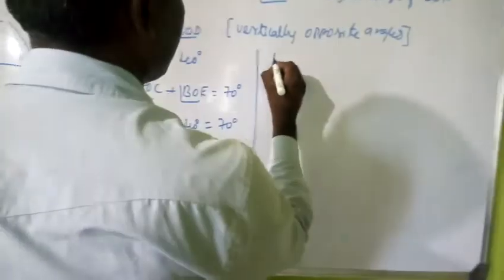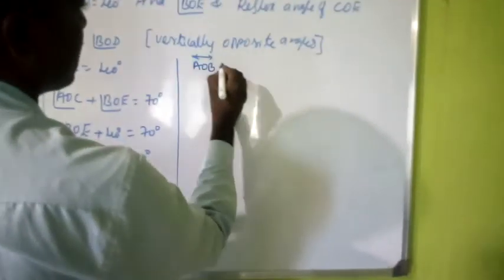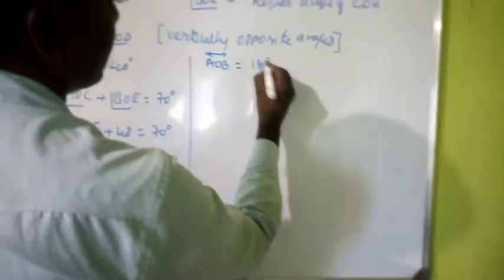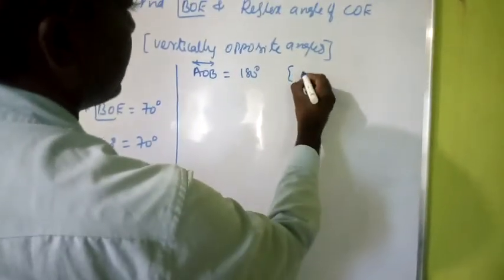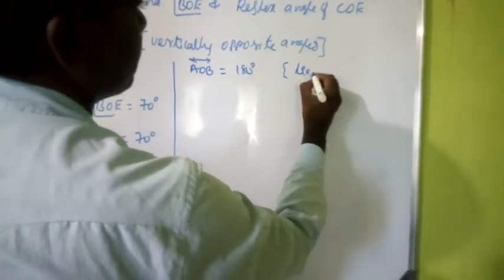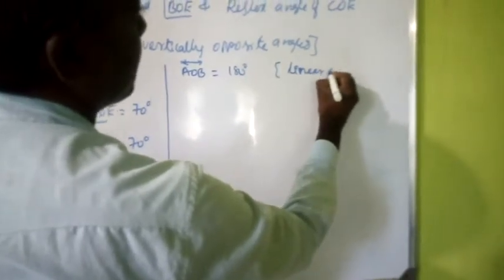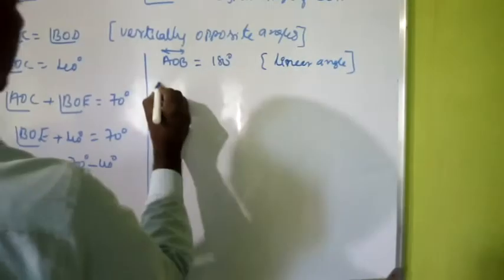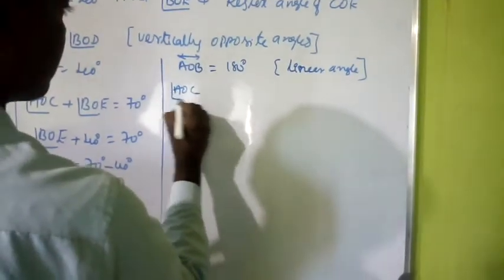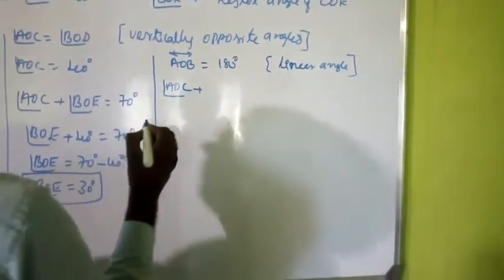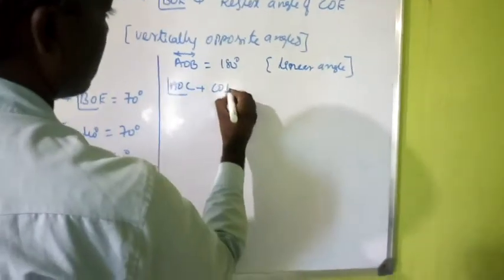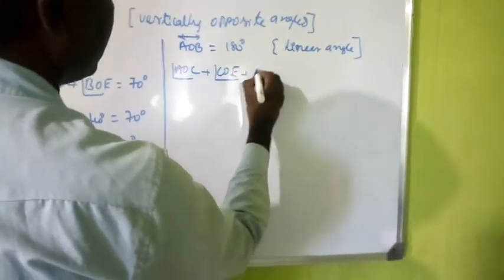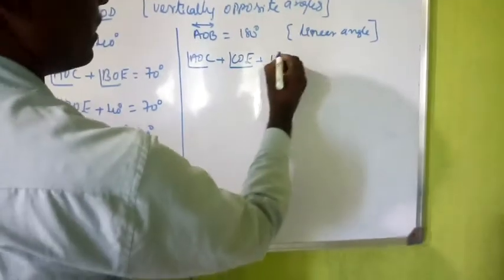AOB is a straight line, which is equal to 180 degrees, representing a linear angle. So AOB means angle AOC plus COE plus angle BOE.